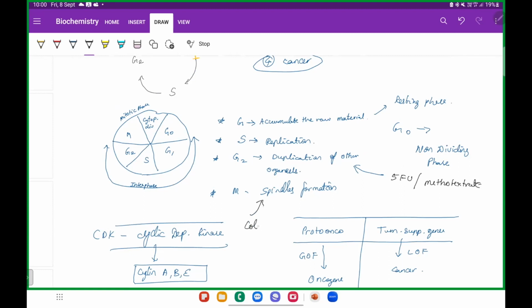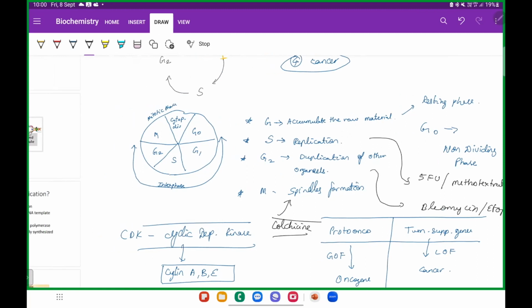Colchicine blocks your mitotic spindle formation, and you have your tubulin formation in your G2 phase. This is inhibited by bleomycin or etoposide. That is what I want you to understand at this particular point.